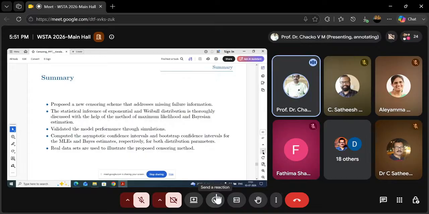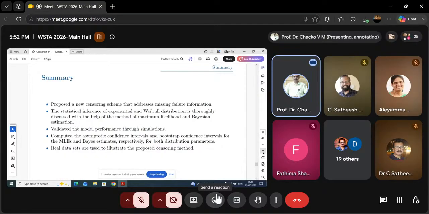So, summary. This is the short summary of the presentation. Here we have proposed a new censoring scheme that addresses missing failure information. The statistical inference of exponential and Weibull distributions was discussed with the help of the method of maximum likelihood and Bayesian estimation, validated with model performance through simulations, computed asymptotic confidence intervals, and bootstrap confidence intervals for MLEs and Bayesian estimates, respectively.